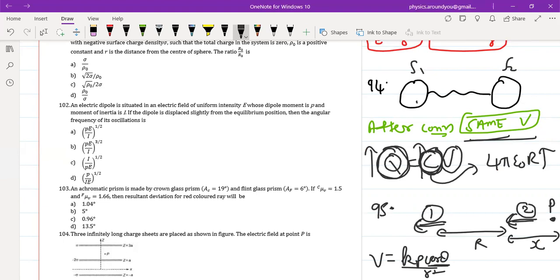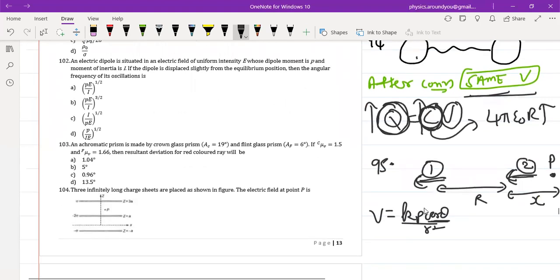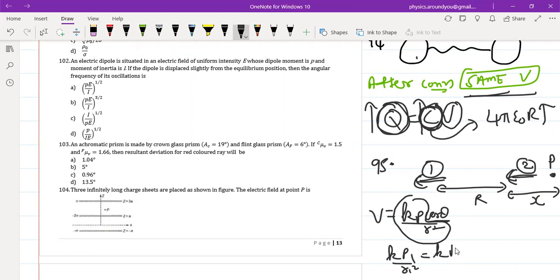This point is located at theta equal to 180 degrees from both dipoles. So what matters is simply the term Kp by r square. For the potentials of dipoles 1 and 2 at point P to be the same, I need Kp1 by R1 square equal to Kp2 by R2 square.